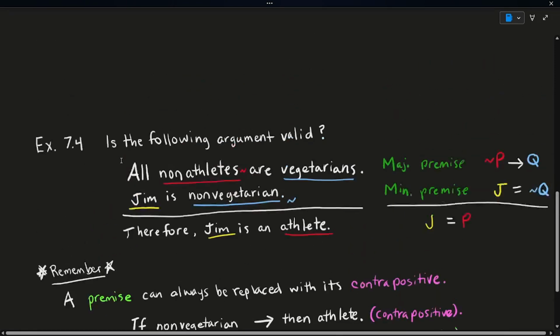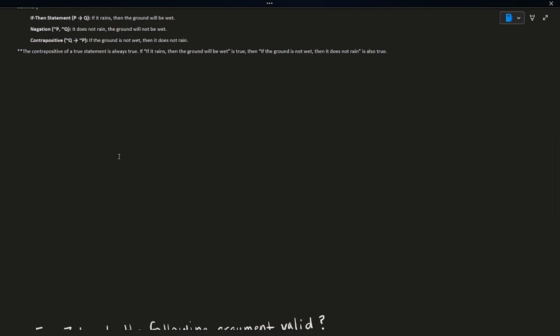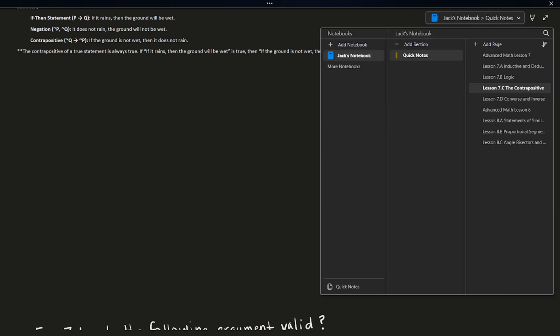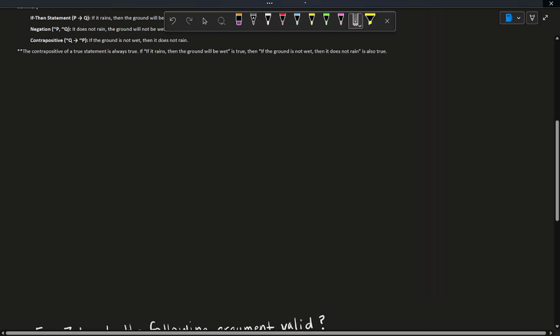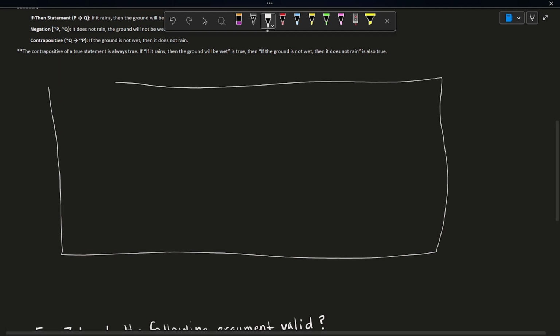Actually, I left this big blank area because it's going to represent the Venn diagram the book had for fast rabbits. But we'll just do that with the ground. It's not hard. Bring up my tools here. I want to have a big old box. This is the parking lot.